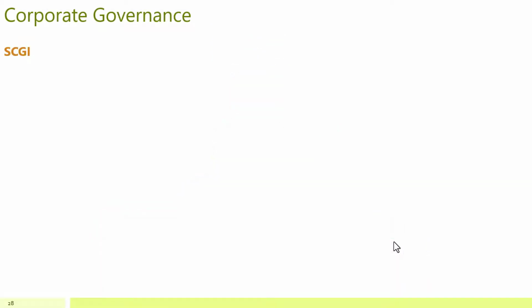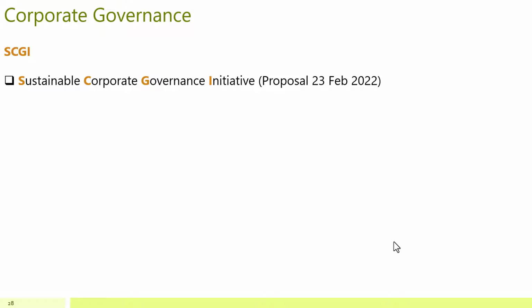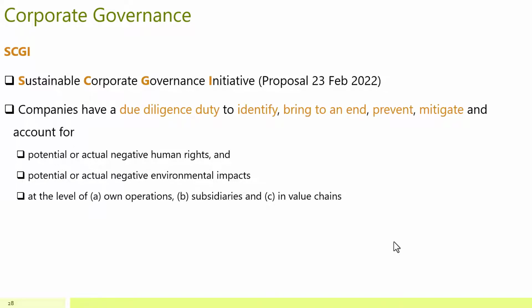Well, the European Union also has a Sustainable Corporate Governance Initiative. It's also a proposal that was issued in mid-February. It requires companies to carry out due diligence to identify and prevent or mitigate negative impacts on human rights and the environment.